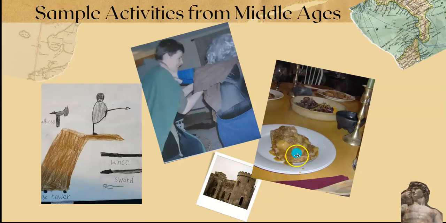And then we created our own Middle Ages feast. We sat down in costume, we talked about the food, we tried to use the Middle Ages language, and at the end is when my children reenacted their version of Beowulf.